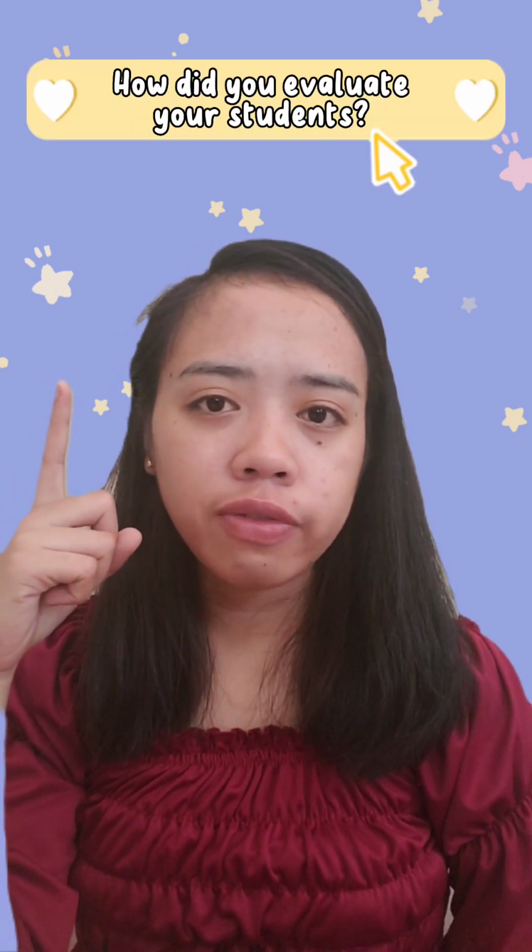So let's now proceed to the fifth question. How did you evaluate your students? In evaluating my students, I will give them a self-activity, so that I will know if the students listened during my discussion, and also if the students have learned.